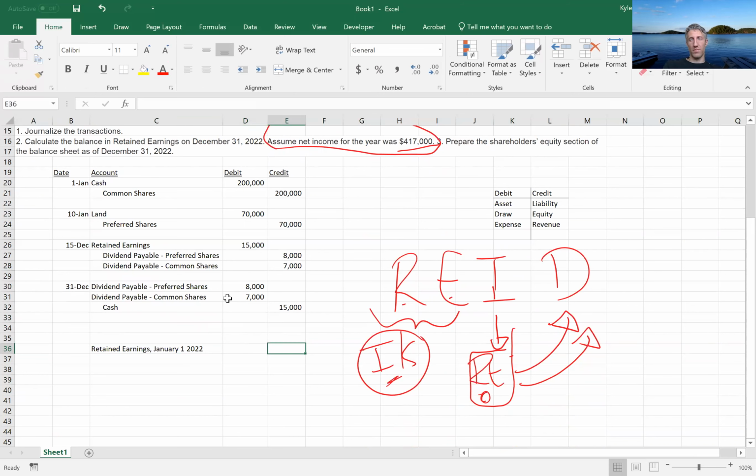Retained earnings is going to be, of course, 0 at the beginning of the year, because this was a new corporation, which means there can't be any prior year's net income. Then we're going to add net income for the year. And net income for the year was given, $417,000. So I'm going to bring that down and put it right here.